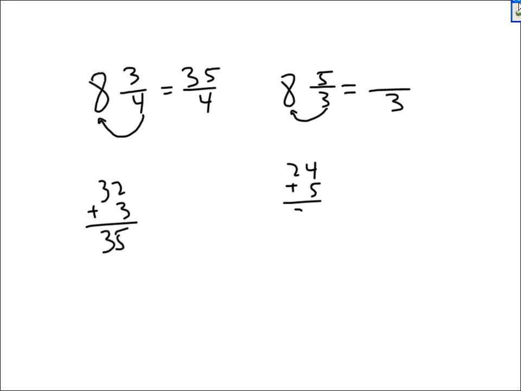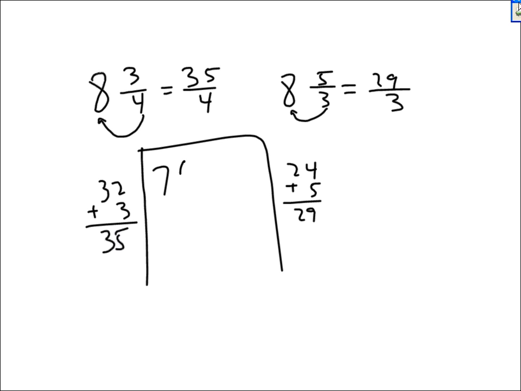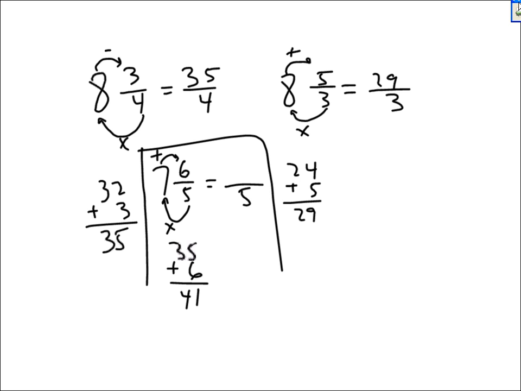Add 5, get 29. There's that answer. One more. 7 and 6/5. The 5 stays on the bottom. 35 is 5 times 7. Add the 6 to that. Get 41. Times and plus. The answer is 41 over 5.